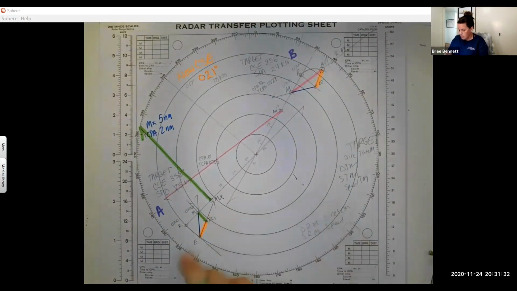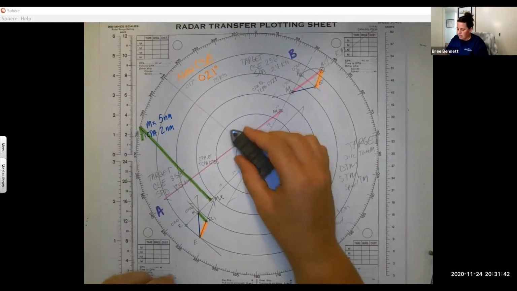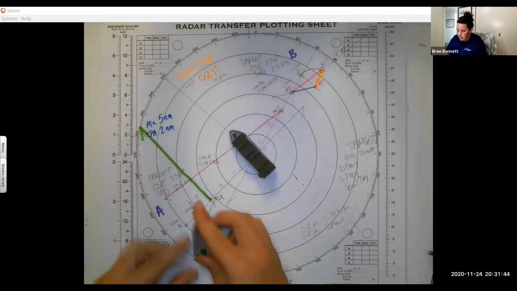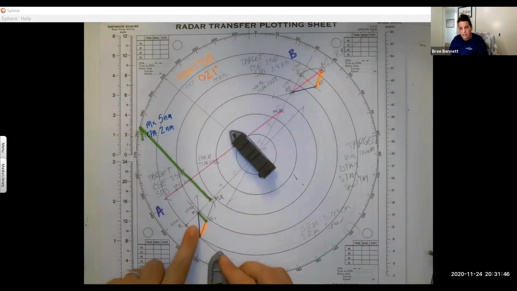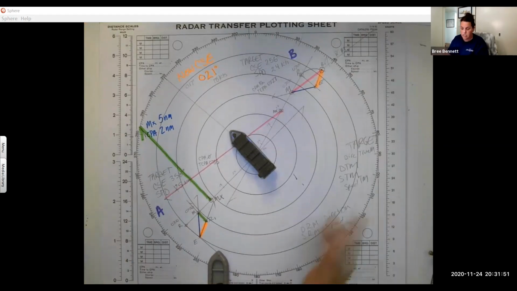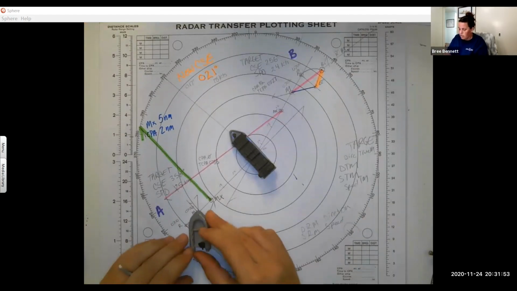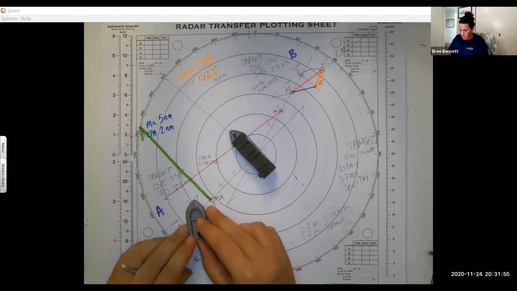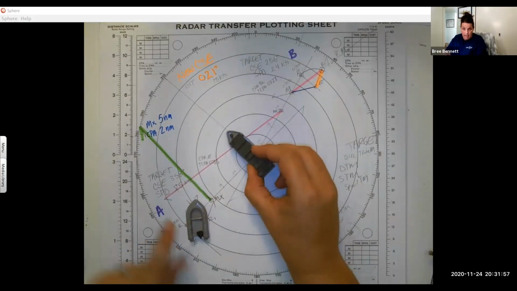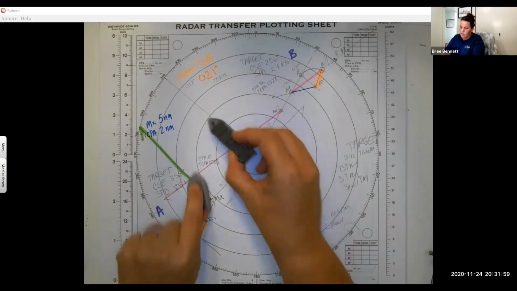So let's look to see how that works, because our brain does this logically in our heads, but it's hard to visualize. If I'm here and this guy is going this way, my blue line right there is the target's true course. If the target doesn't change course or speed, and I'm going this way, we're headed on this collision course, right?